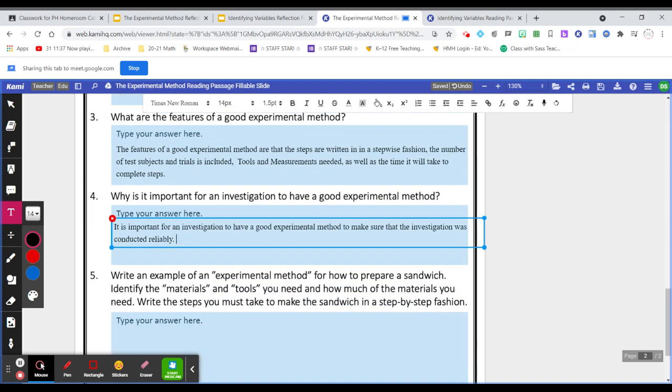Always. You can make them bigger if you have to.